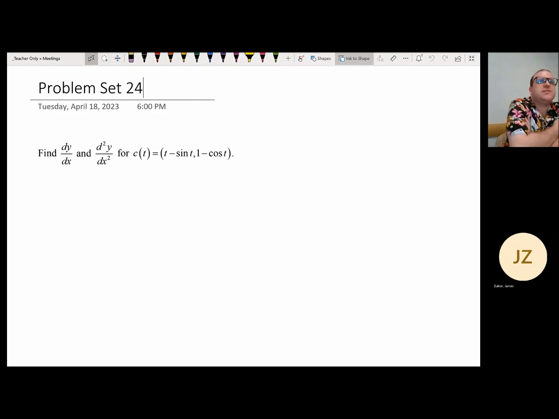Find dy dx and d squared y dx squared for the curve given by t minus sine of t, 1 minus cosine of t. Oh, what is that?